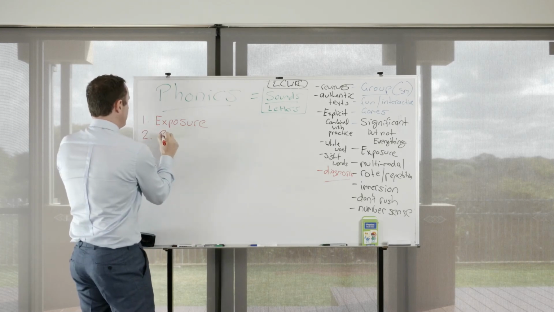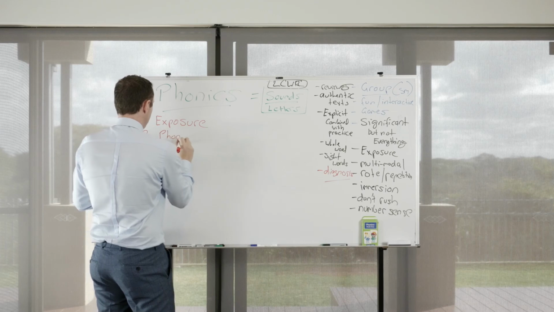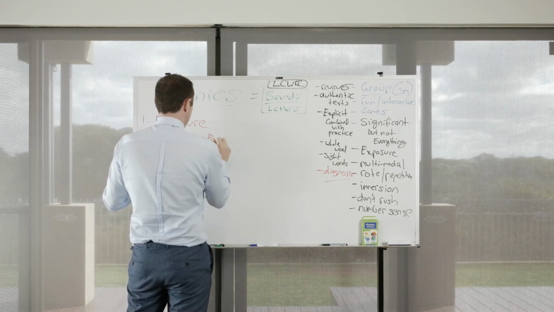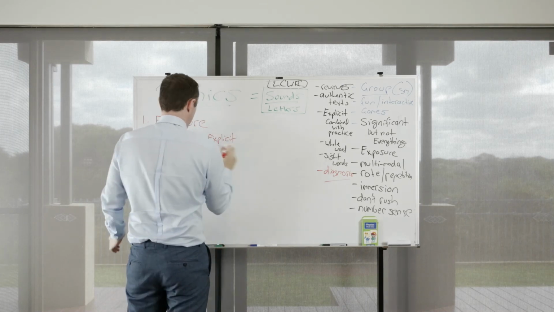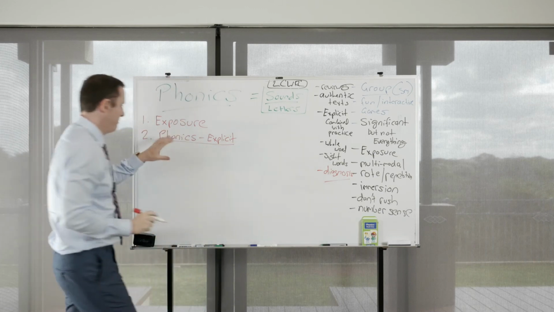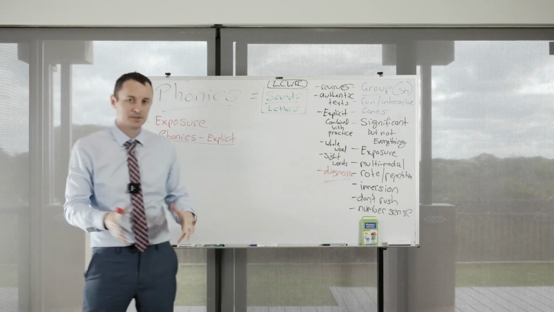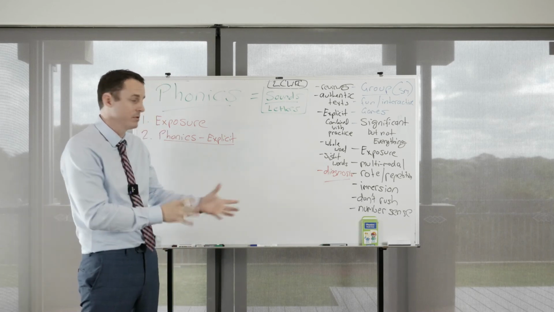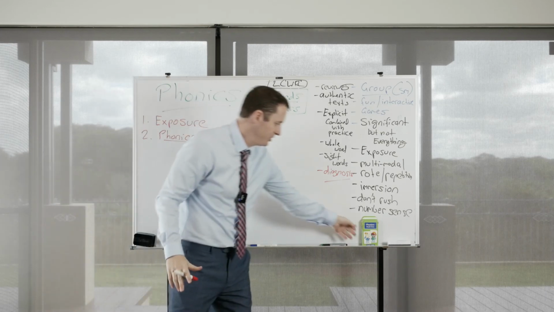The second thing that really happens is phonics, and I'm going to call that, I guess, explicit. Now, what I'm basically meaning by phonics is that the teacher or the teacher aide or whoever is working with the student, quite often it'll be in an early childhood setting before school as well, will make some type of explicit attempt to teach phonics.